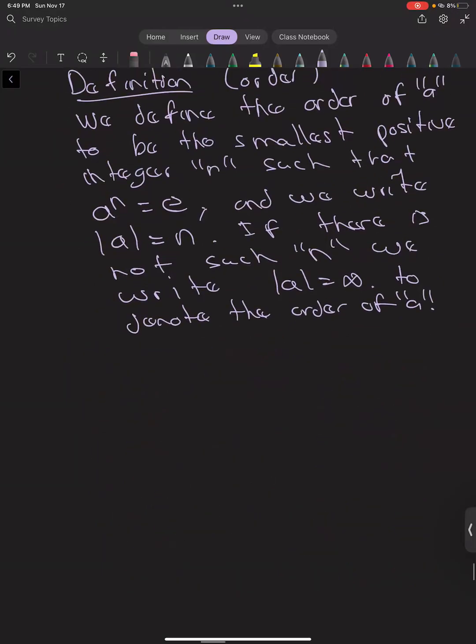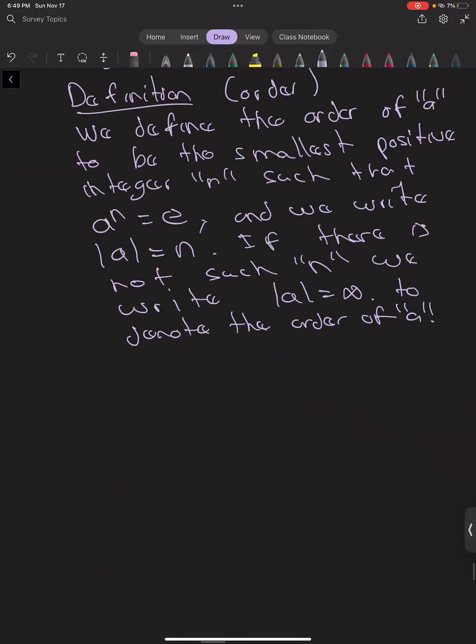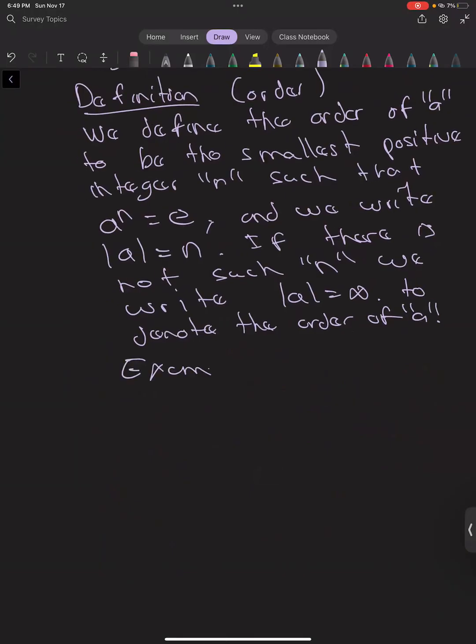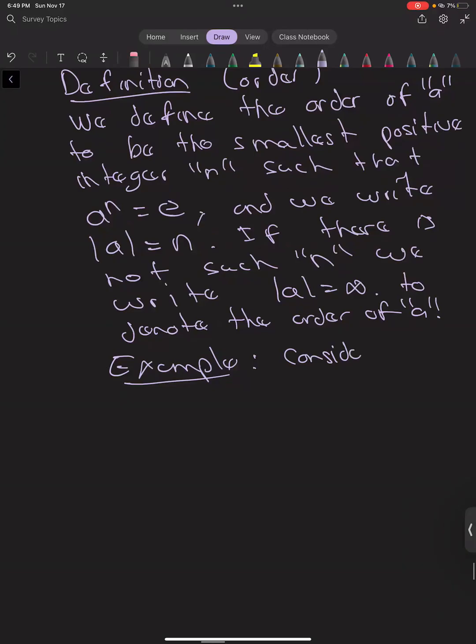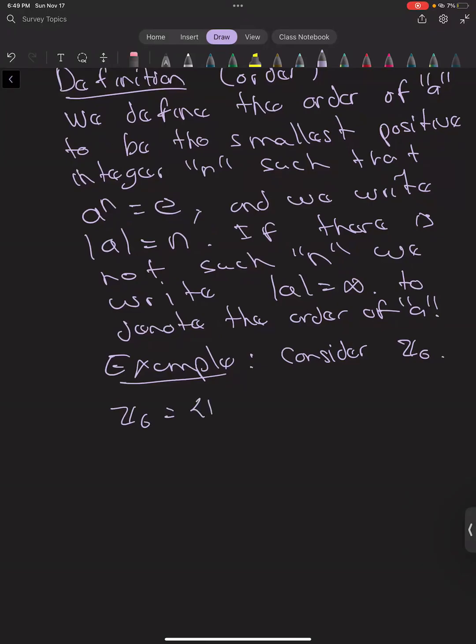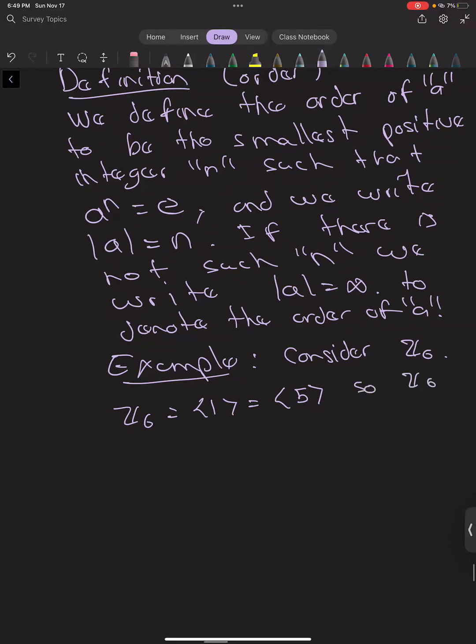Let's give an example. Consider C6. We already said that C6 is generated by the relative primes, so it could be 1, it could be 5, and that's it. So C6 is a cyclic group.